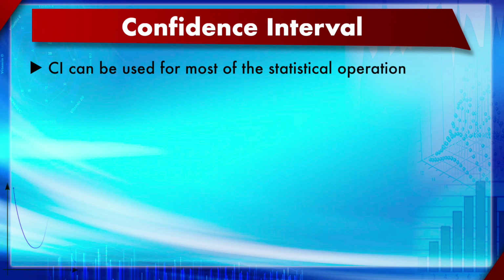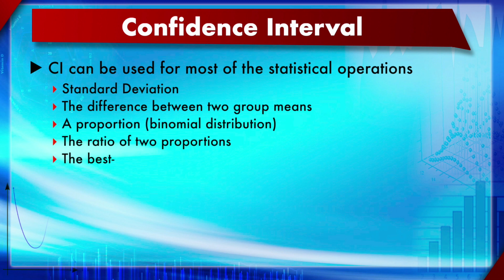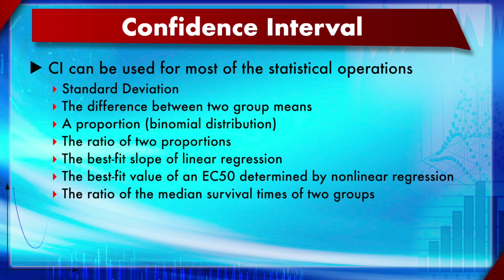Confidence interval can be used for most of the statistical operations. It's not really limited to the standard deviations alone, but you can also go for the difference between two group means, or a proportion or the rate of the proportions, or you can go for a best fit linear regression line. You can even calculate the confidence interval of that line, and the rate of the median survival time and so on.